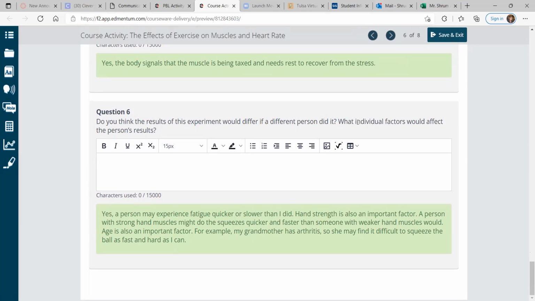If their muscles are stronger or they're a rock climber, they more likely have a tendency to already use those muscles and tax those muscles. So the muscles are trained beforehand and they can handle more stress than an untrained person could. But if someone has arthritis, right, they're not going to be able to do the things that you could do right now.